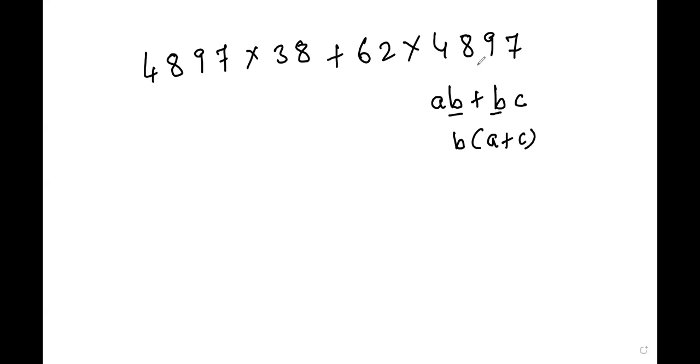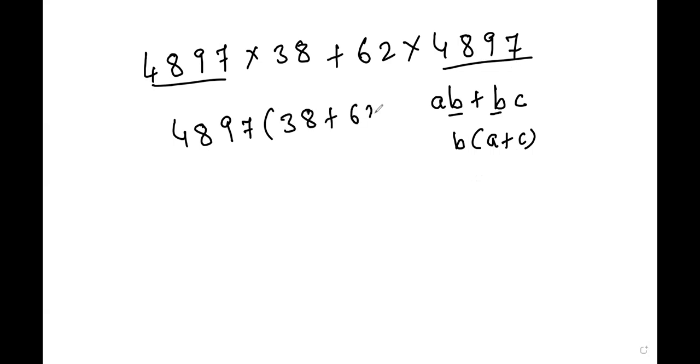So what is common here? 4897. Taking it common, the bracket becomes 3 plus 6... This is the reverse of the distributive property. So now use the bracket: 4897 multiplied by 100. That will be 489700.